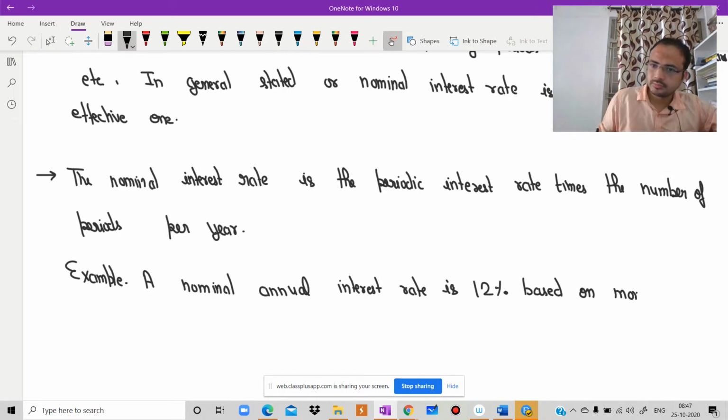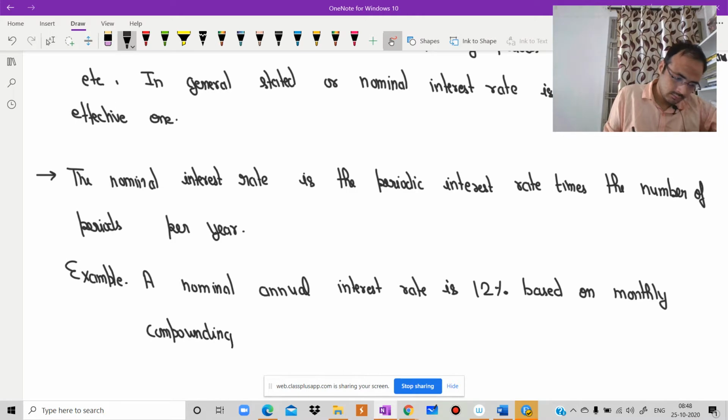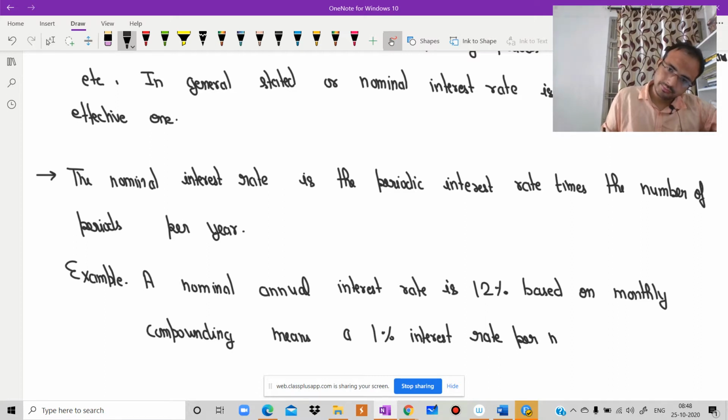Based on monthly compounding means a 1% interest rate per month, compounded.